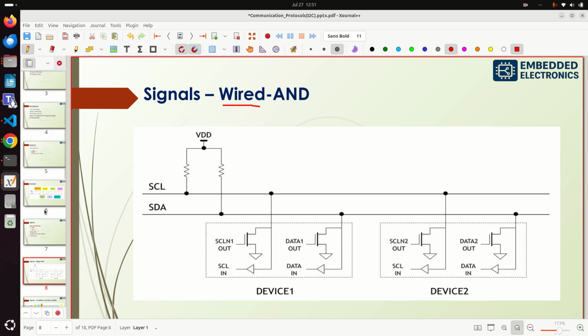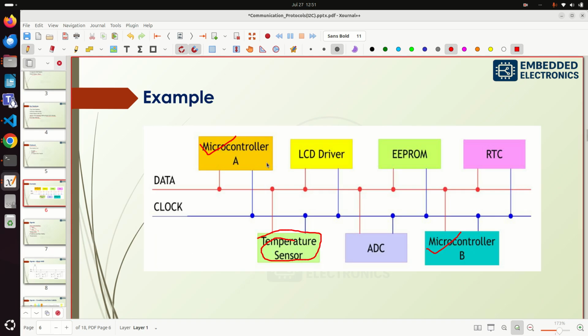Now let's update this example. Microcontroller A wants to communicate with the temperature sensor, and here microcontroller A is the master. First, the master will check if the bus is idle or not. If the bus is idle, in the data line you are going to read 1, isn't it?